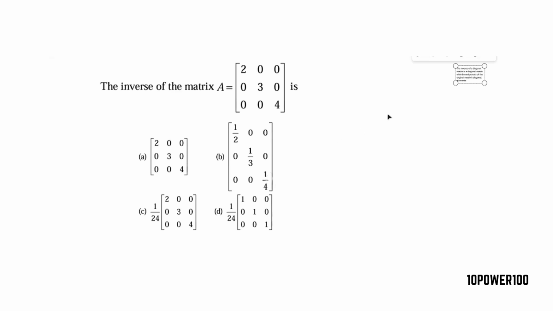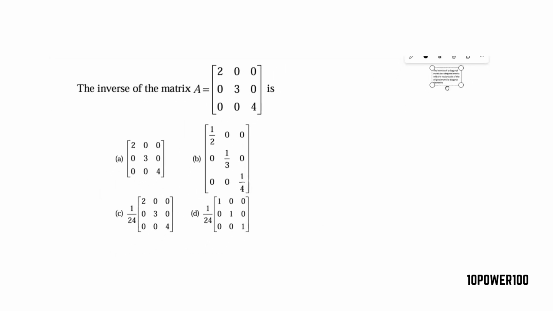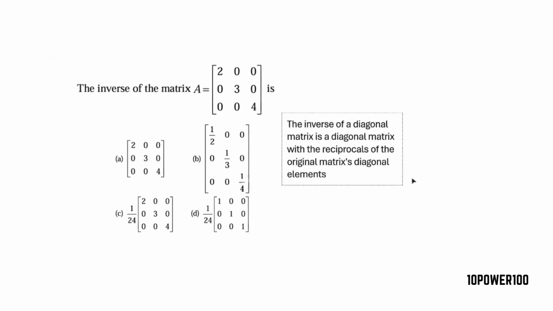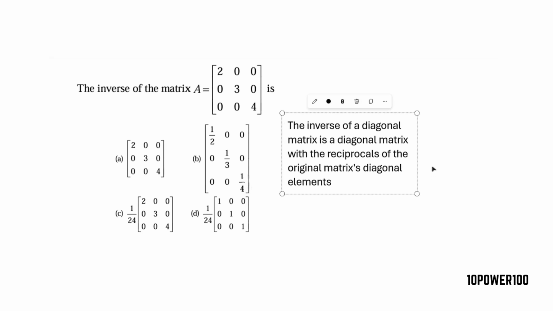To find the inverse of a diagonal matrix, there is an easy procedure. The property is that the inverse of a diagonal matrix is a diagonal matrix with the reciprocals of the original matrix's diagonal elements.